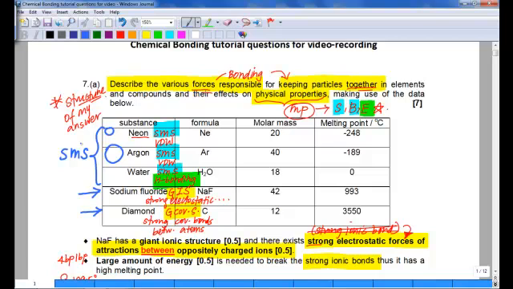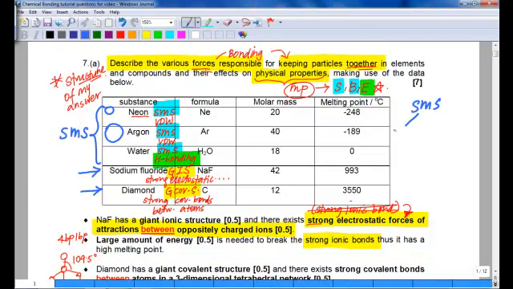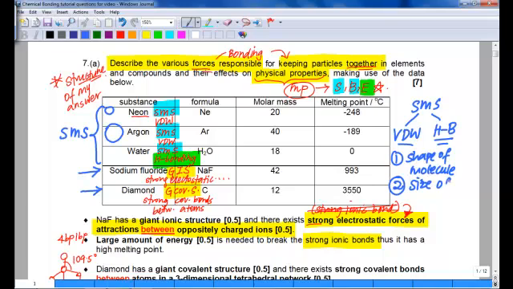Okay, since all of them are SMS, we will need to divide them into either VDW or hydrogen bonding. And for each of these, van der Waals or hydrogen bonding, I can talk about the shape of the molecule or the size of electron cloud to further explain which will have stronger intermolecular force of attraction. So that is how I structured my answer.